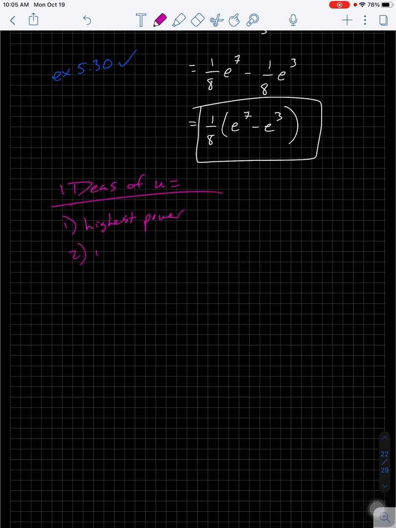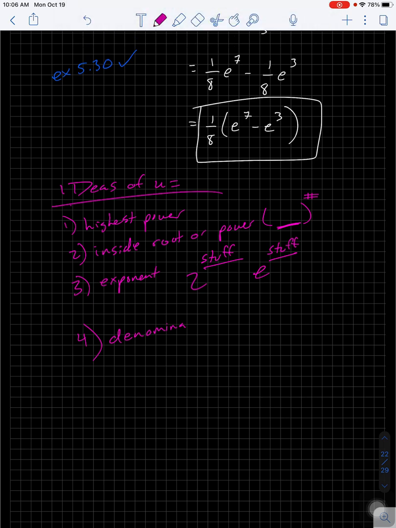The other is pick the inside of a root or a power, like when you have a bunch of stuff to a power, pick the inside part. Our other idea is pick the exponent. If you've got like 2 to a bunch of stuff or e to a bunch of stuff, pick this as your u value and leave the power. And our last idea is pick the denominator if you have a choice between top and bottom.